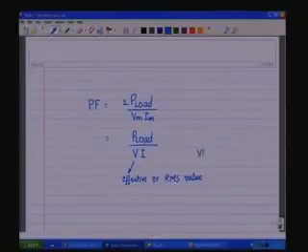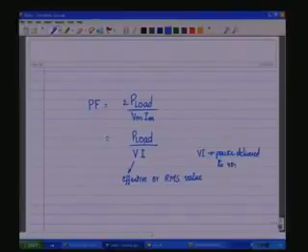V into I would give you the power delivered to a resistive load, and in the case of the sine wave, V into I is the apparent power which is taken from the source and delivered to the load.